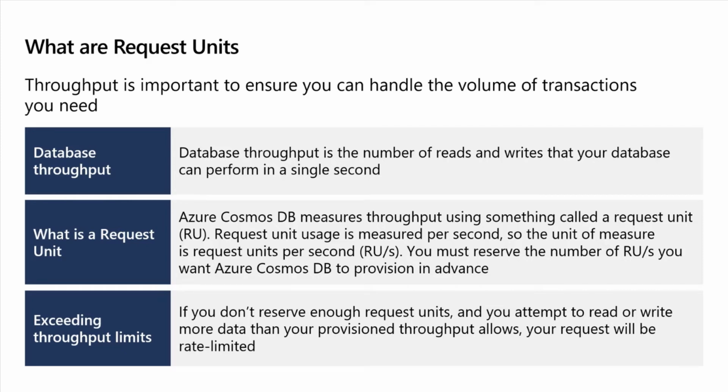So what is request unit? Now, in infrastructure as a service, we have RAM, CPU, IOPS, and so on, by which you can provision resources, or in database terms, you can provision, let's say, throughput, read and write, how much we can read and write per second. However, Cosmos database is not infrastructure as a service, it's more like a platform as a service, globally distributed database. So what did they do?